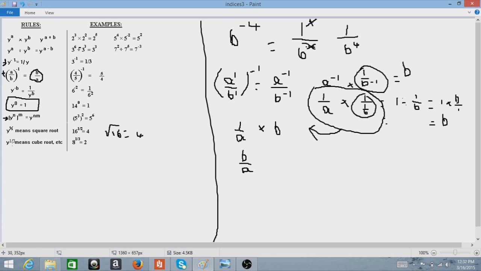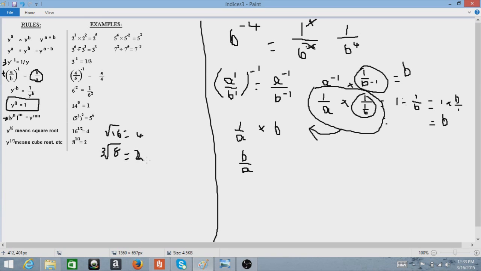Basic rule. This one is a bit similar. You have y to the power of 1/3. This is just the same as a cube root. For example, 8 to the power of 1/3 is the cube root of 8, which is equal to 2.